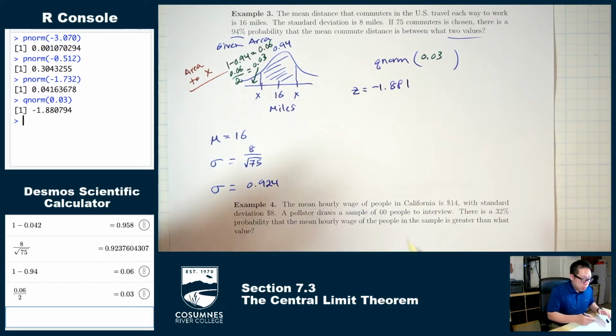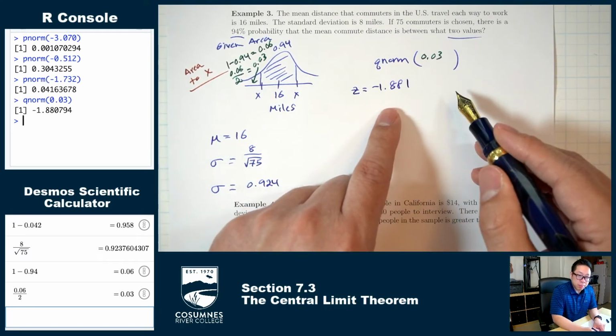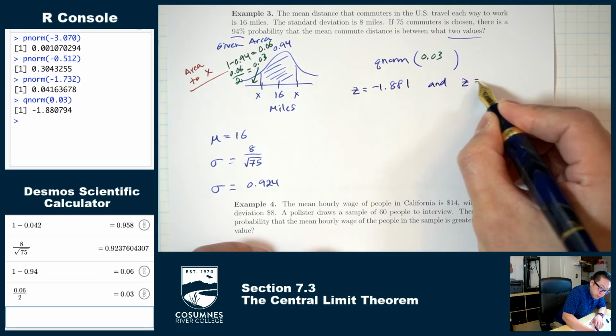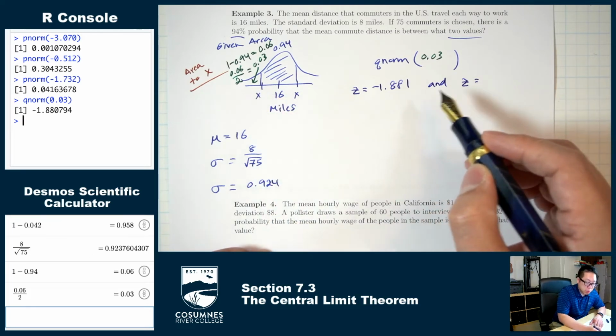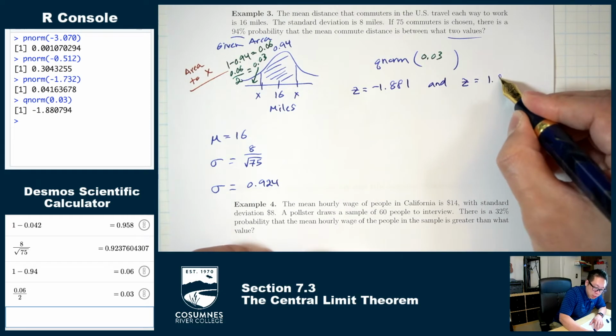Now, I want 2 x's as my final answer, which means I need 2 z's here. So that's one of them. Negative 1.881 is the one that goes with the left one. The one that goes with the right one is just going to be the positive version of this. So the one on the right is 1.881 positive.